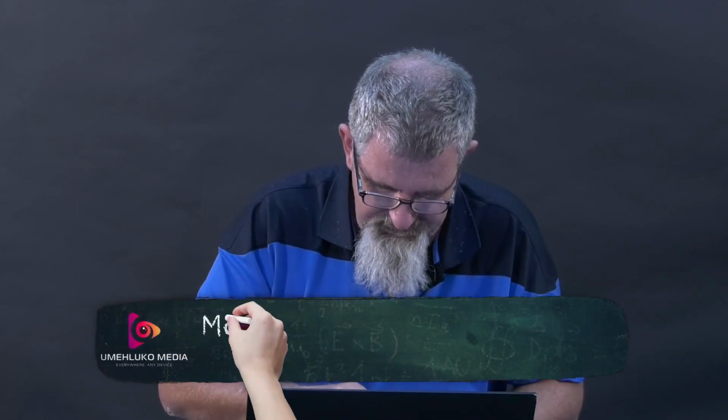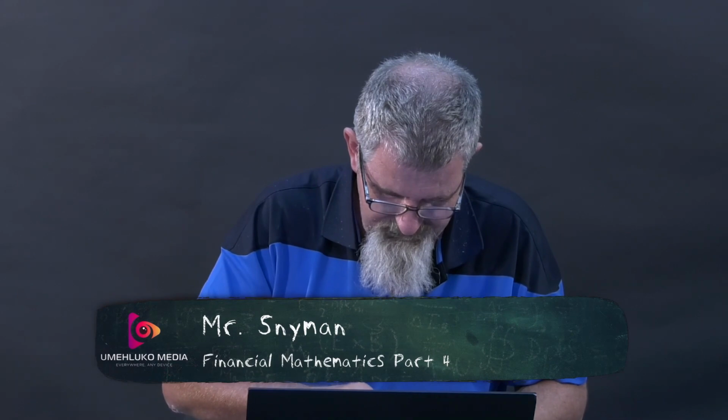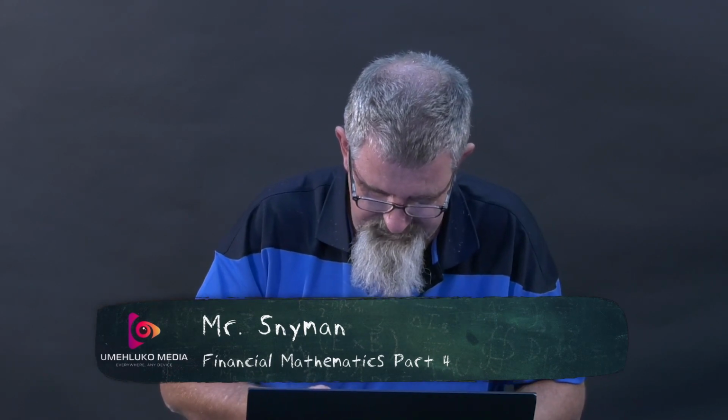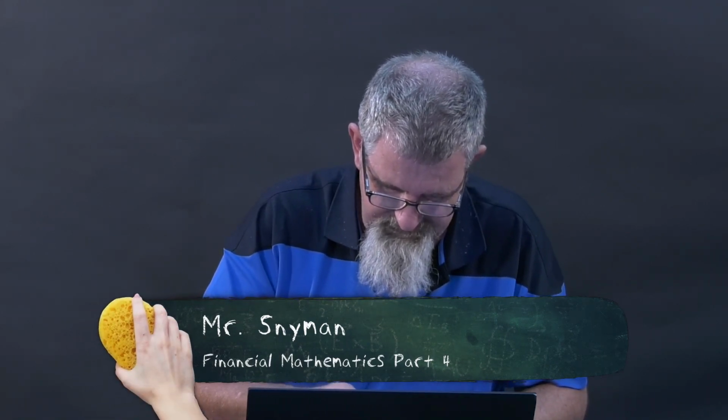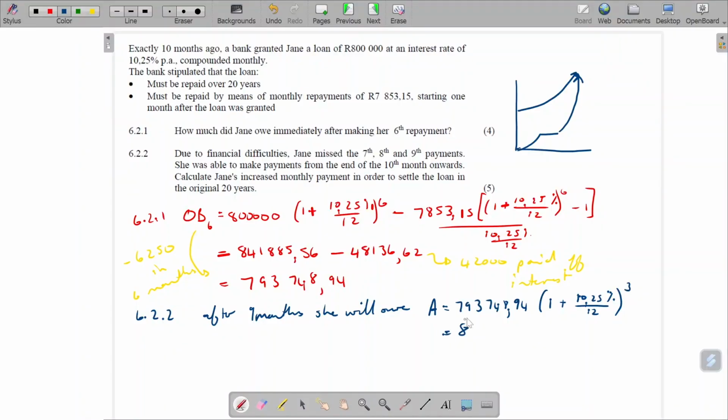So she now is already back to owing over 800,000 rand. So she's back to owing 814,262 rand and 99 cents.